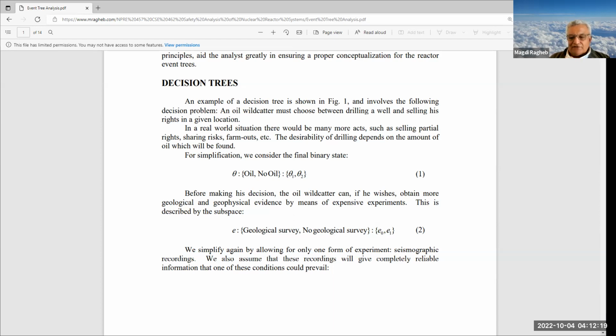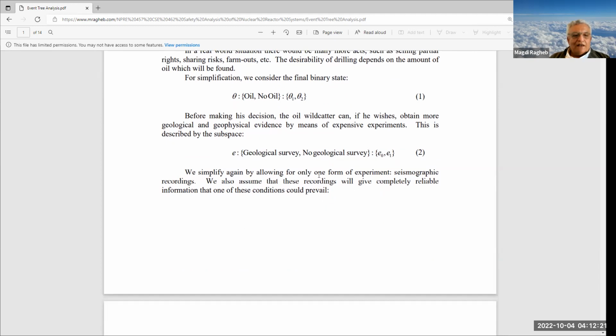And we can simplify the system again by allowing for only one type of experiment. He can take seismographic recordings. In exploration for oil, what they do is explode an explosive at the surface and let the shock wave propagate from the explosive into the ground.